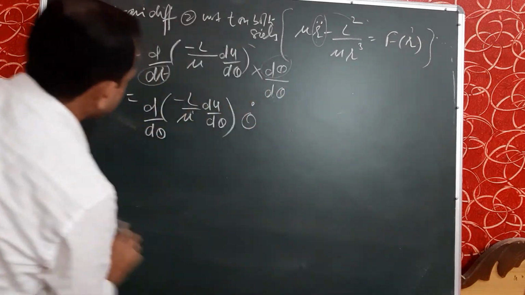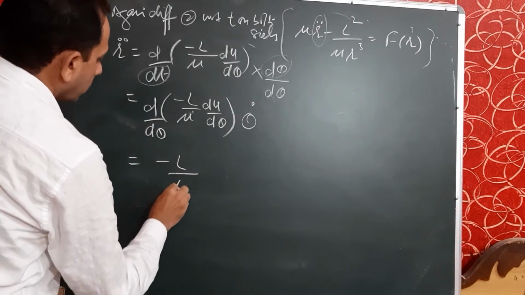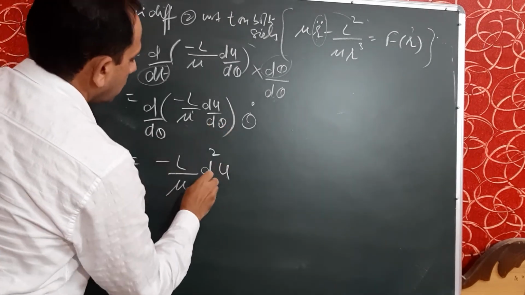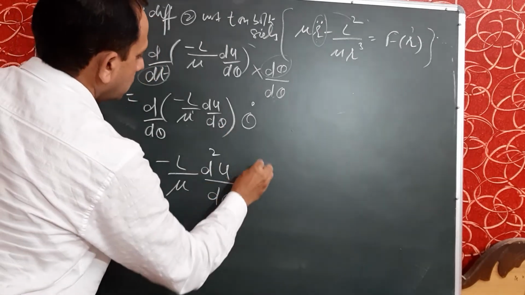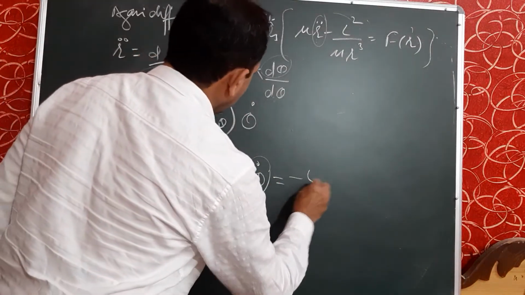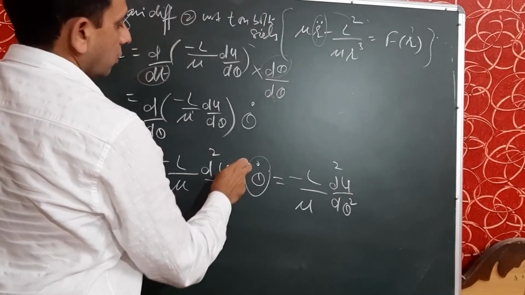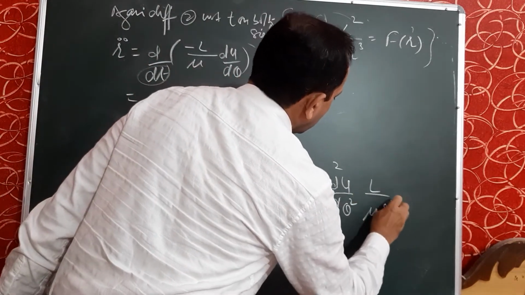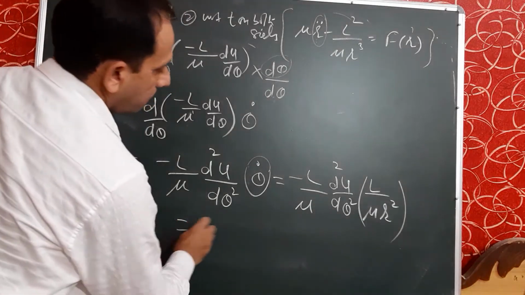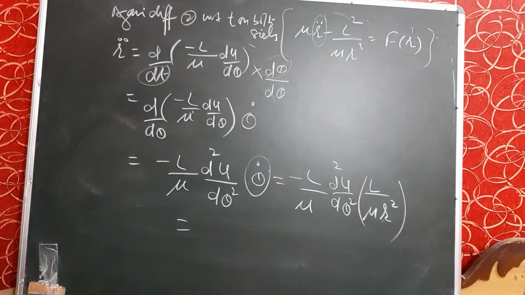So next, the value of minus L over mu into the derivative of this will become d square u over d theta square into theta dot. So again put in the value of this theta dot, that is minus L over mu into d square u upon d theta square, and theta dot means L over mu r square. This is the value for theta dot. Again, 1 by r square may be written as u square.